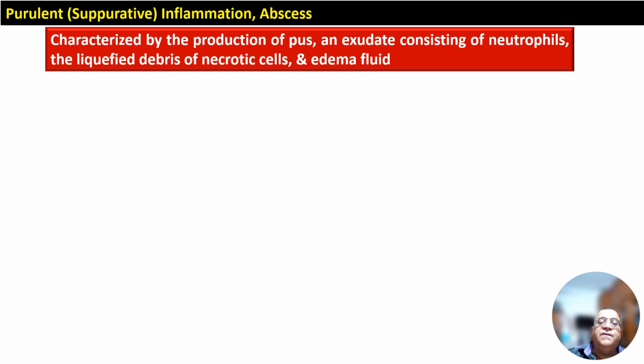Another morphological pattern of inflammation is purulent or suppurative inflammation, which is characterized by presence of abscess, and there is production of pus, an exudate that consists of neutrophils, the liquefied debris of necrotic cells, and edema fluid.